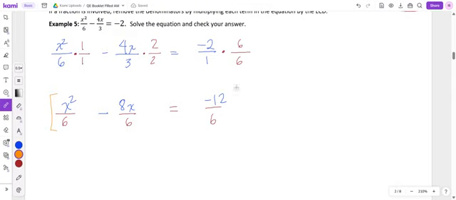So if I just said all of this times 6, then I'd say, okay, this fraction times 6, this fraction times 6, this fraction times 6, right? I can do that because I'm multiplying the left side and the right side by 6. And so the numerator and denominator cancel out.